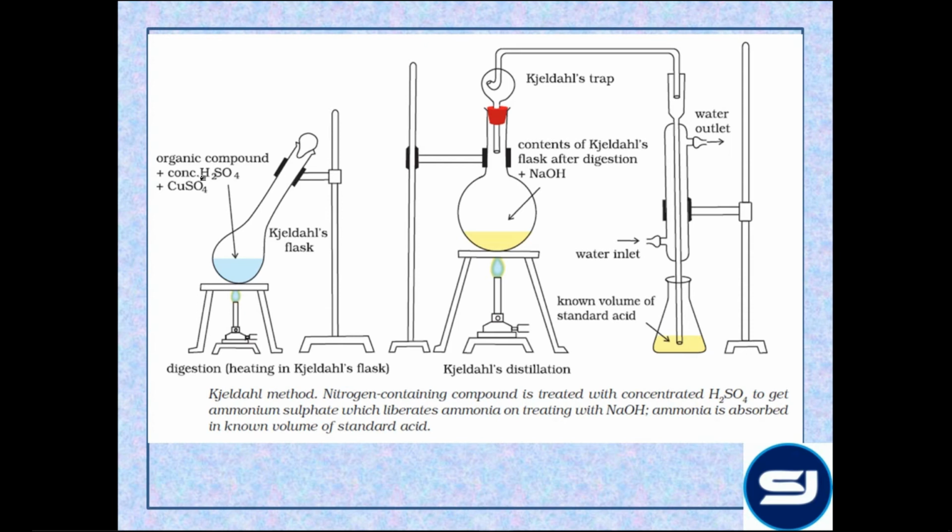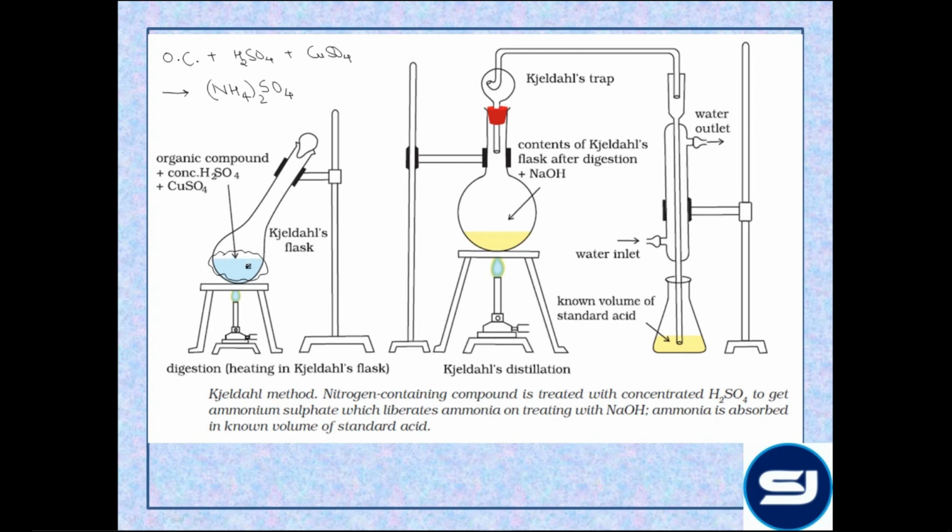The organic compound containing nitrogen is added with sulfuric acid and cupric sulfate. So the nitrogen present in the organic compound here is converted into ammonium sulfate, that is (NH4)2SO4. So now what we have over here in the flask is ammonium sulfate.